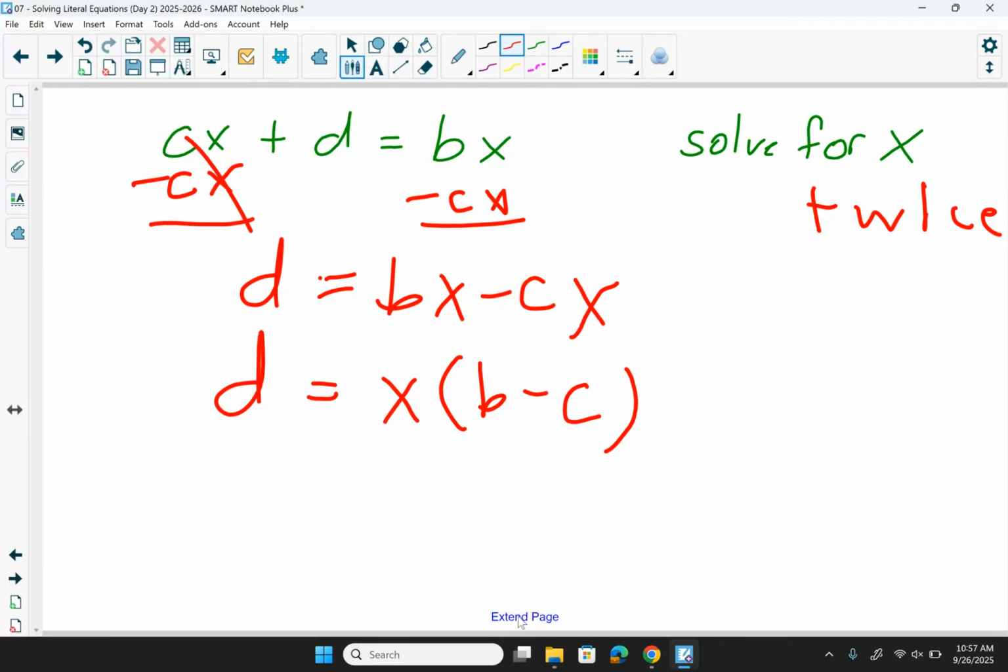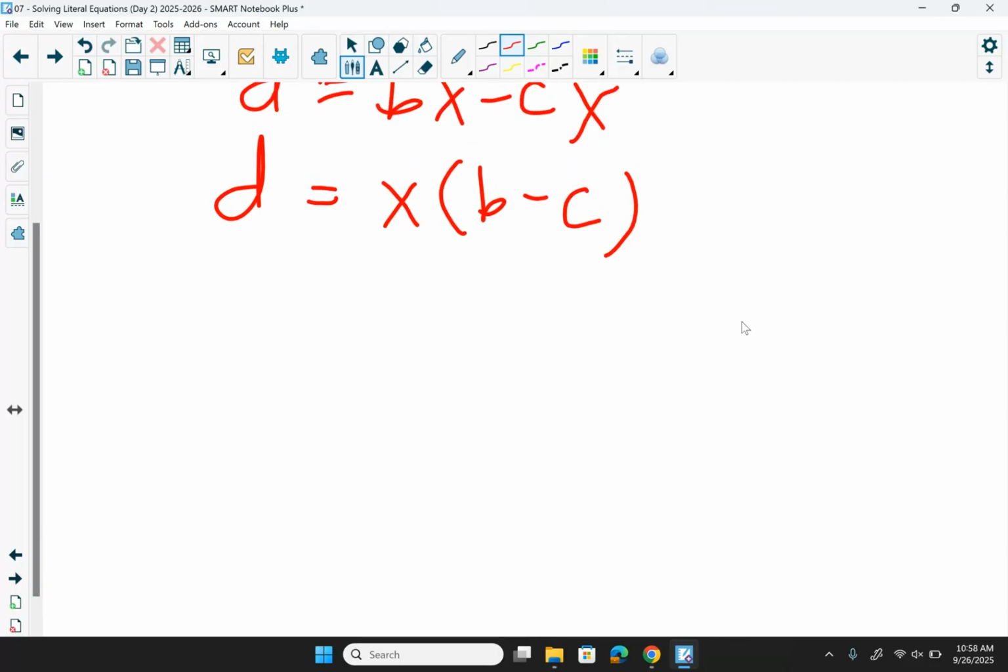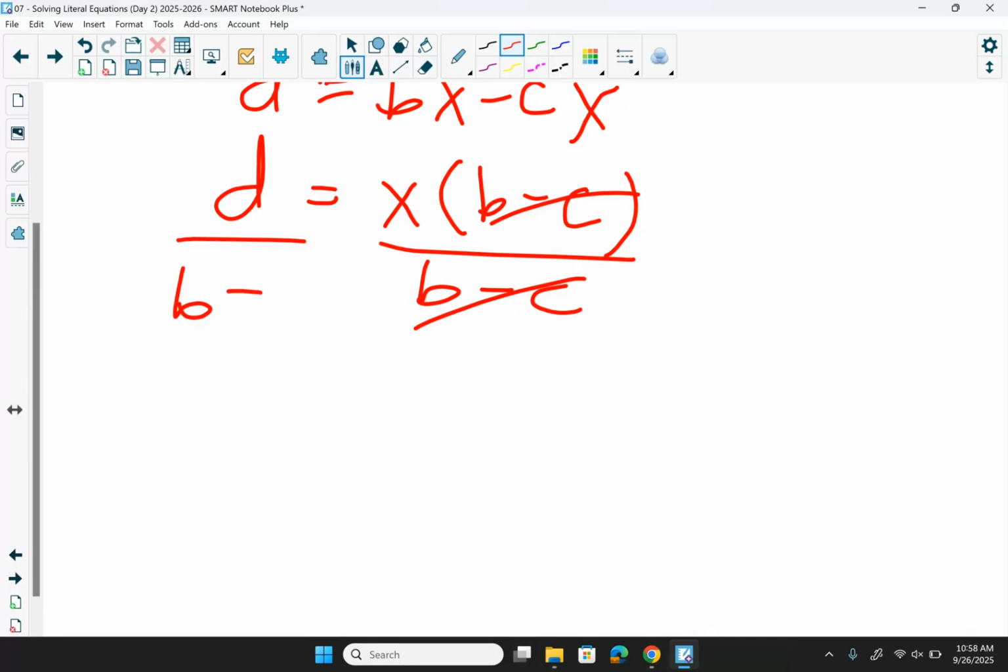We are isolating x, so rather than distributing or dividing by x, we're instead going to divide both sides by b minus c. So we get x equals d over b minus c.